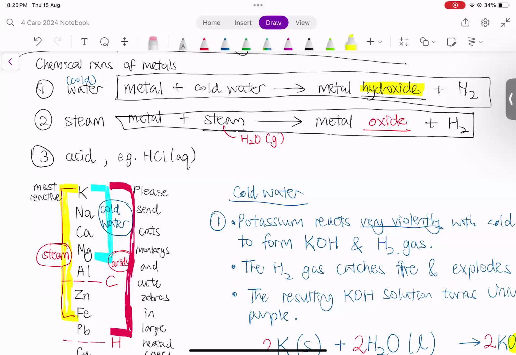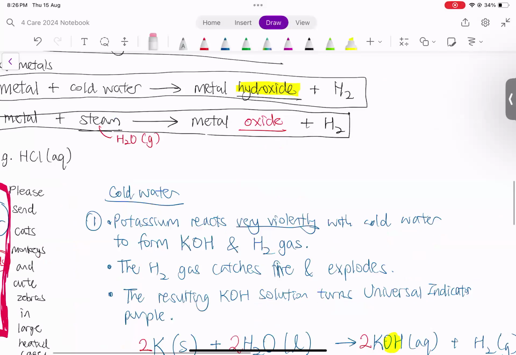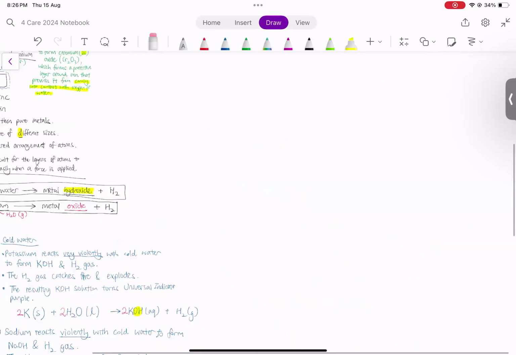However, now with steam, you have more metals that could react, namely aluminium, zinc, and iron. So even aluminium, zinc, and iron, which are below magnesium, are now able to react with steam, H2O, right? So now let's learn the reactions involving steam.